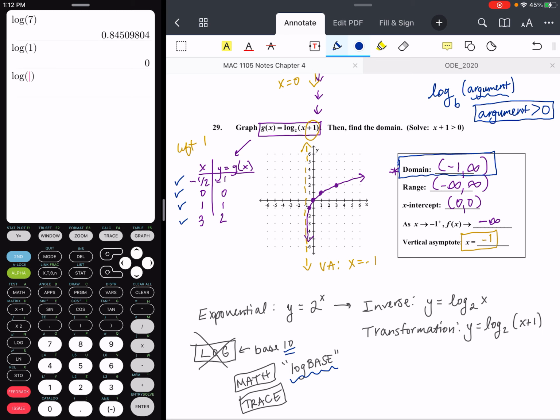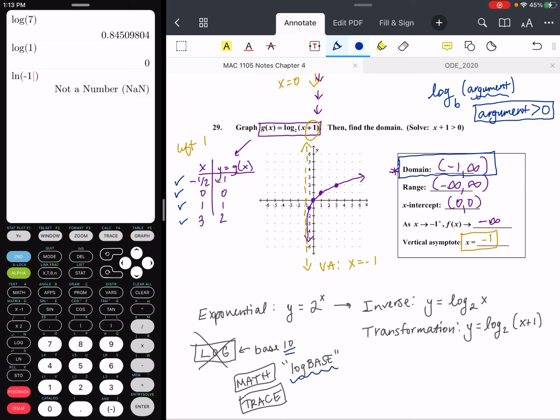If we type log of -1, another error message, maybe a different one, but you'll get an error message on your calculator. And this is true no matter which log base we pick. So even if I do log base 4 of -1, I get an error message, okay? Natural log of -1, I get an error message. Any logarithm, the argument has to be greater than 0, okay?